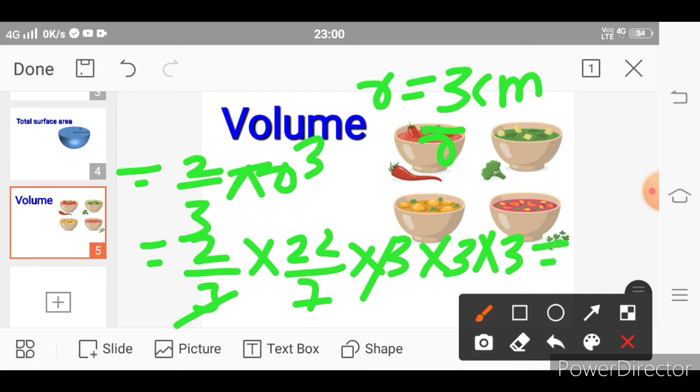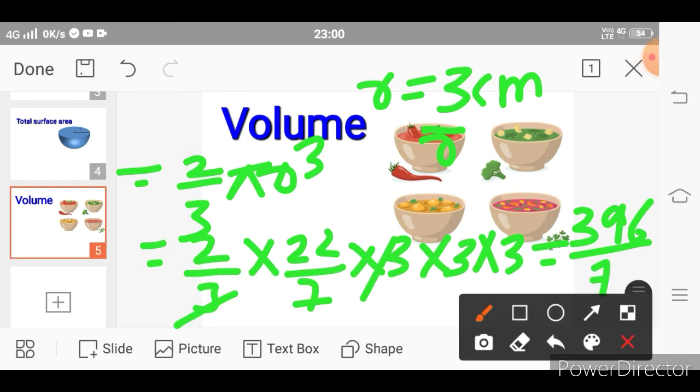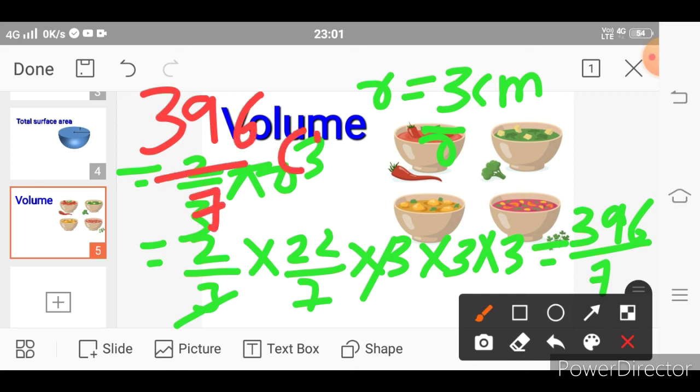This total value is 396 by 7. So what is the volume of this bowl? 396 by 7 centimeter cube, because it is volume, so centimeter cube.